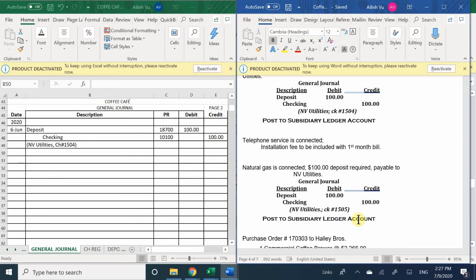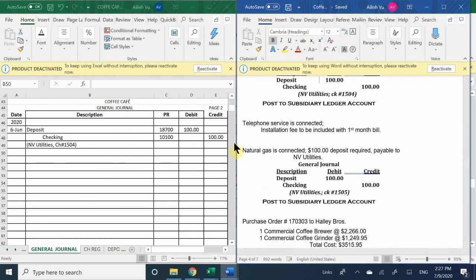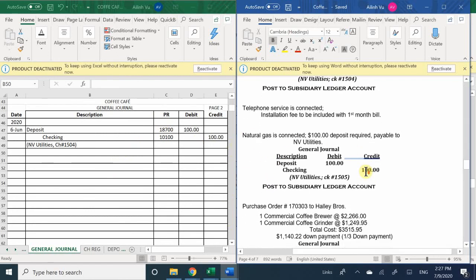Same thing: you have to pay for the trash, you have to pay for HOA. Every single thing that you pay for, it could be for the same company, but you have to cut a separate check for each one. So for example, this NV Utilities, because they put natural gas and water up, they're going to charge us a separate bill for it.